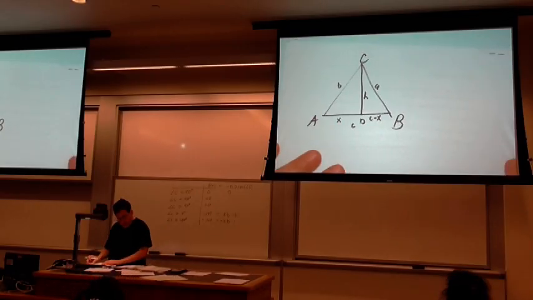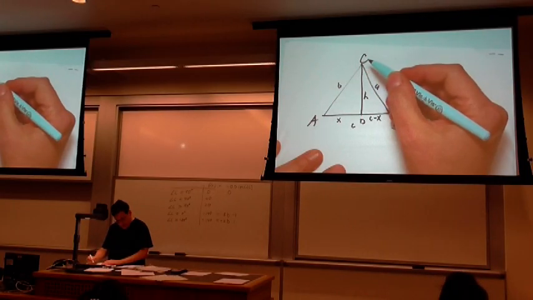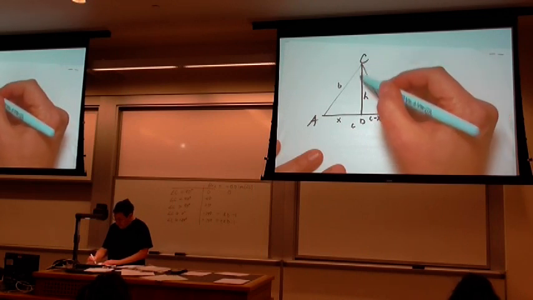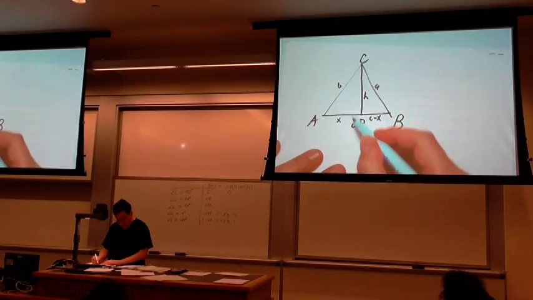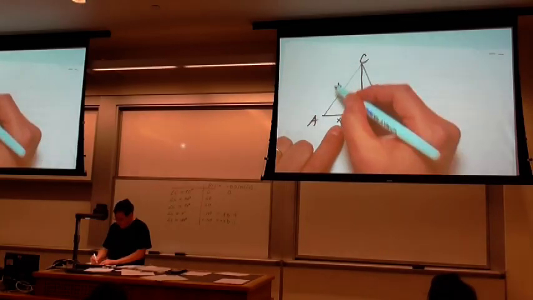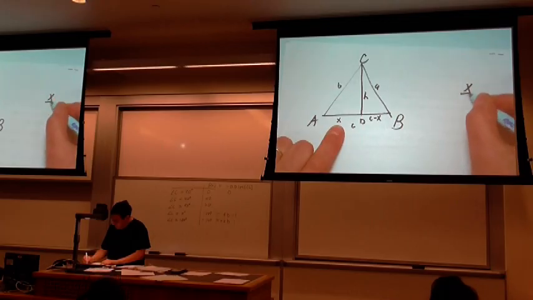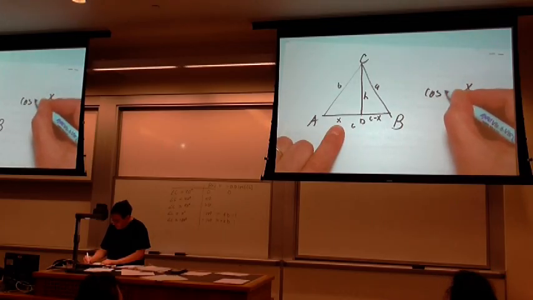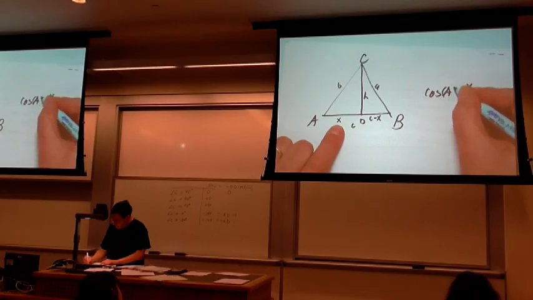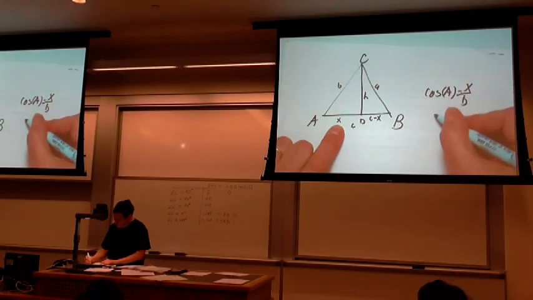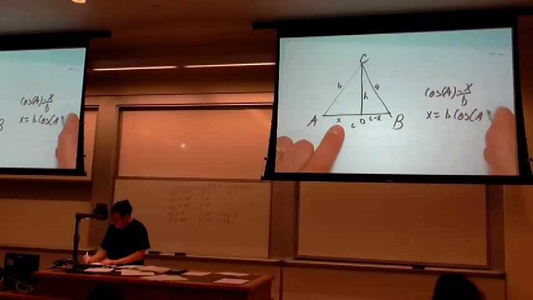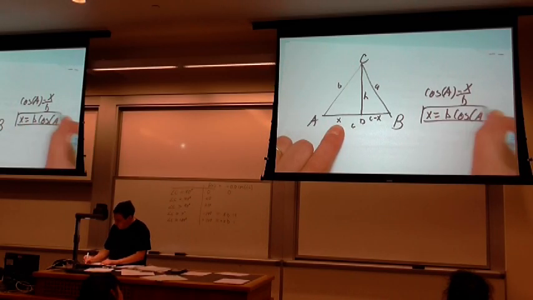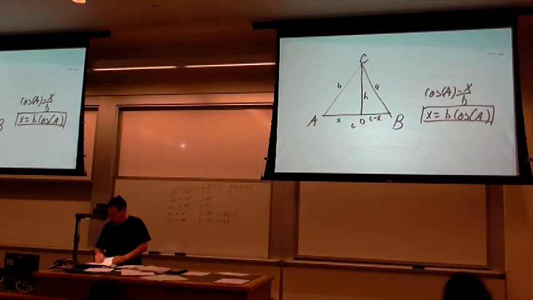And I want you to note that if I look at this triangle here, I can ascertain that x over b is the cosine of a, or in other words, x equals b times the cosine of a. So there's something we're going to need in a minute.